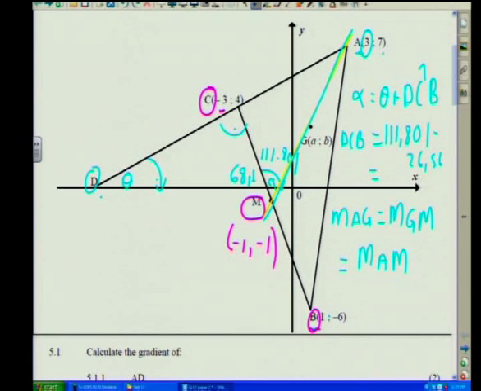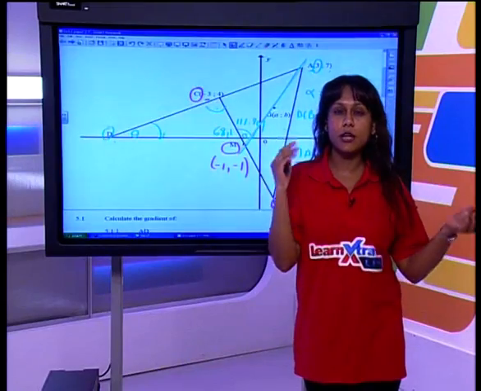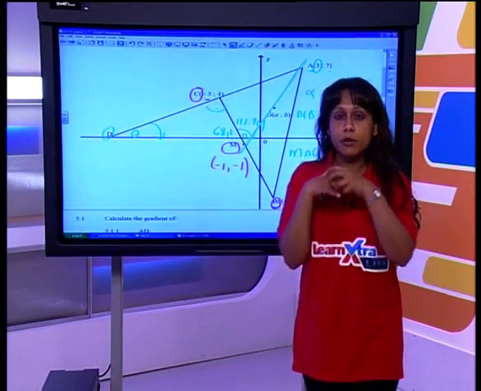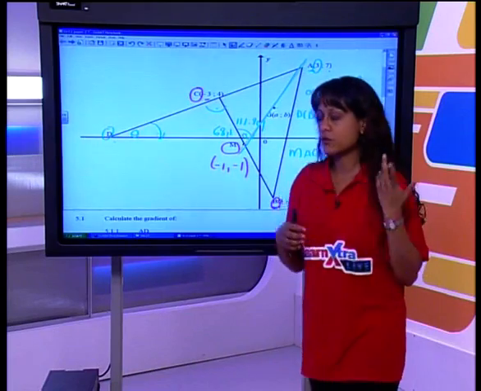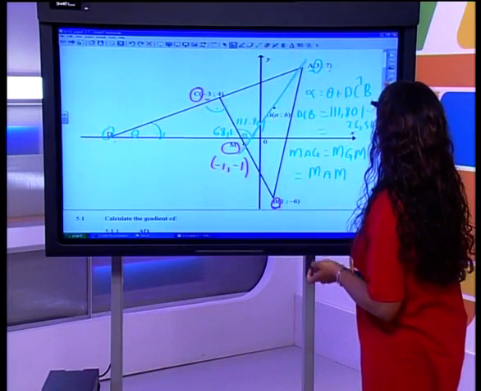If I have two of the points, which I do, A and M, I will be able to find point G. Remember, here they're asking you to write B in terms of A, so we'll use the gradients to help us write this in terms of A.